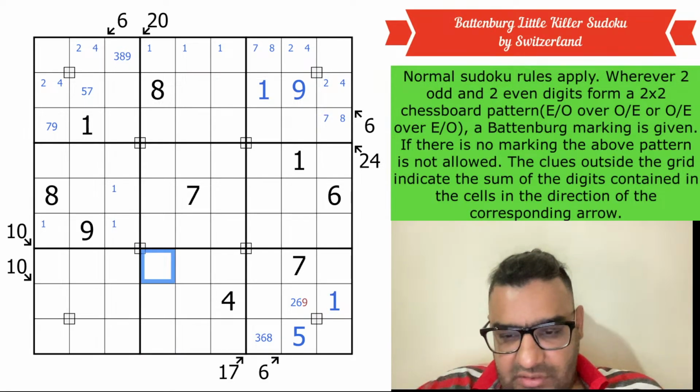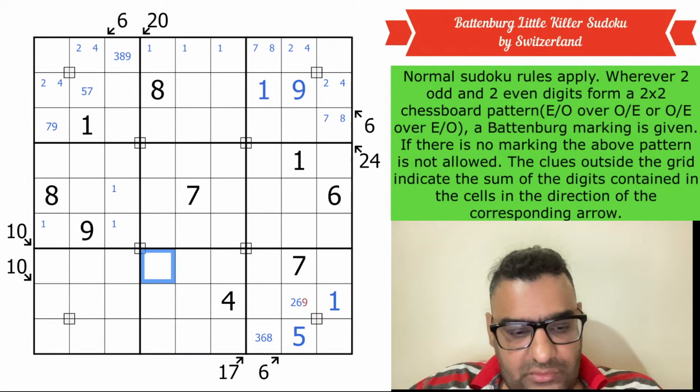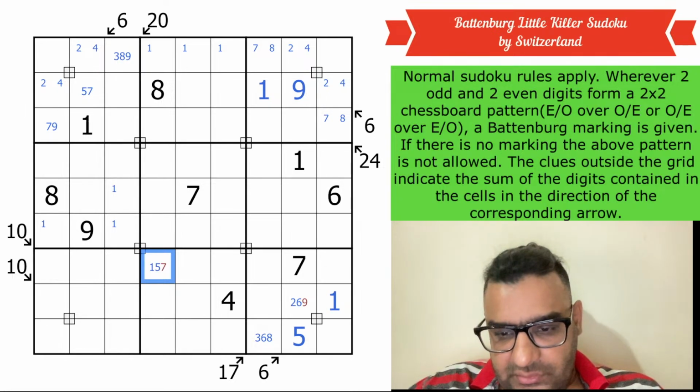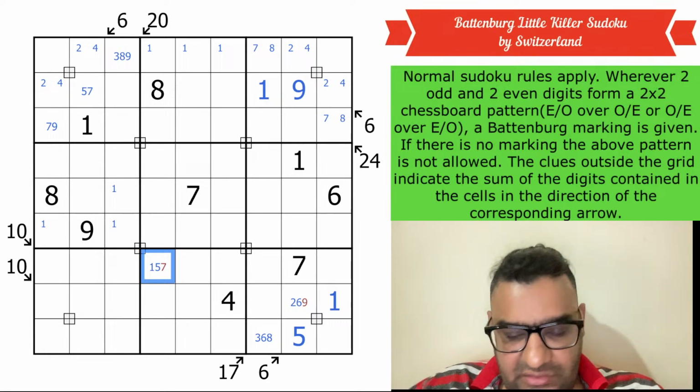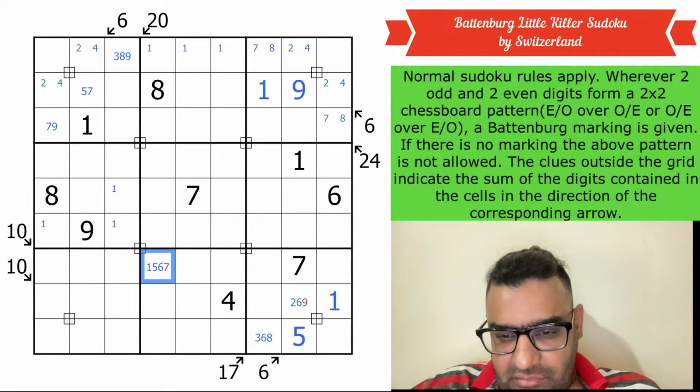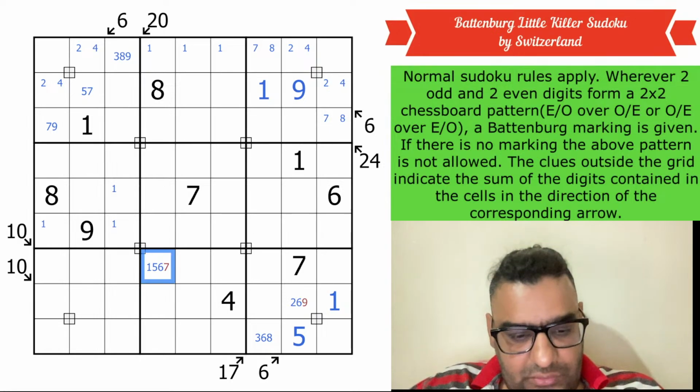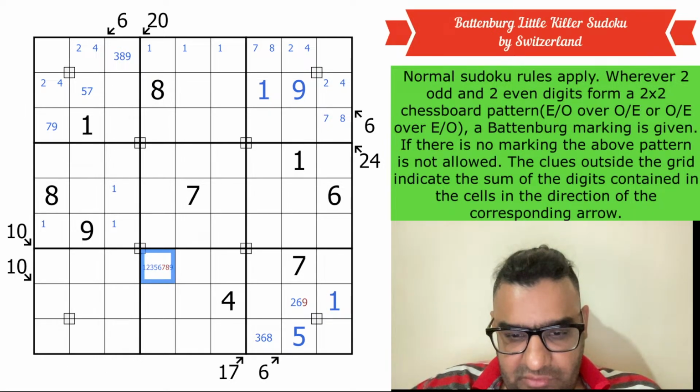Okay, it already has 157, which was already revealed, and out of these two, the common one is 6. So 6 is already there. So four numbers, and it could be 9823, 2398. What is the number that is not there? 1, 2, 3, 4, 5, 6.